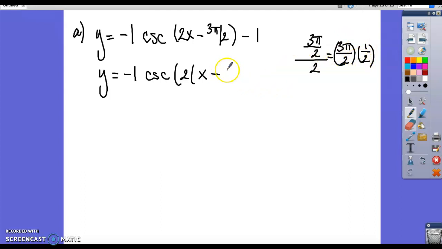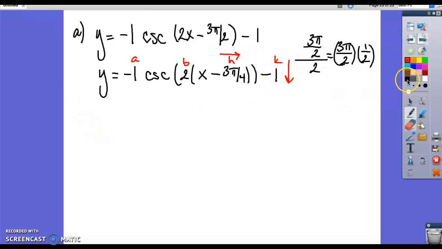Okay, so this is going to be 3 pi over 4. Here's my A, here's my B, here's H, and here's K. So that means that this function is moving down 1 and to the right 3 pi over 4. It's got a phase shift of 3 pi over 4.